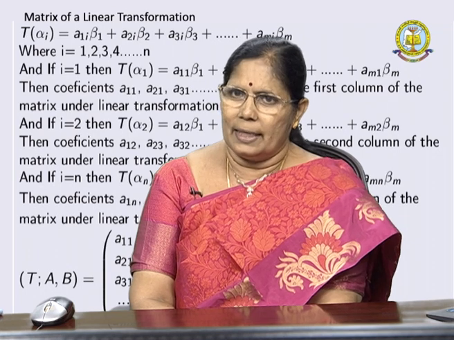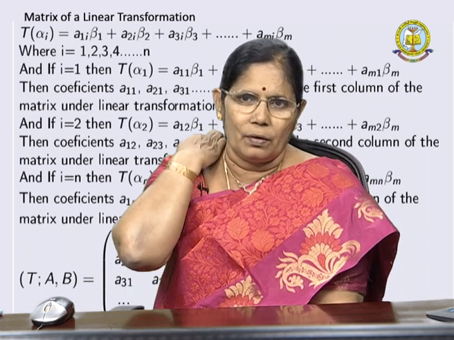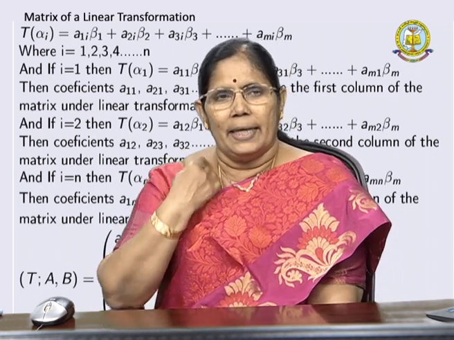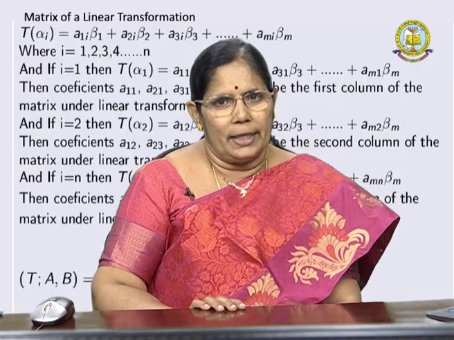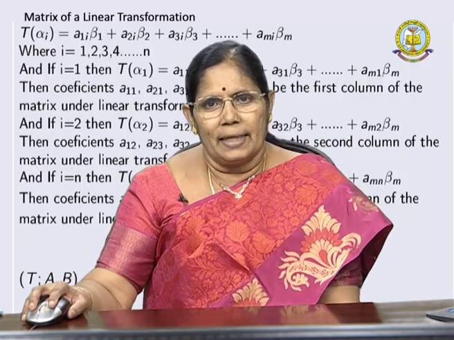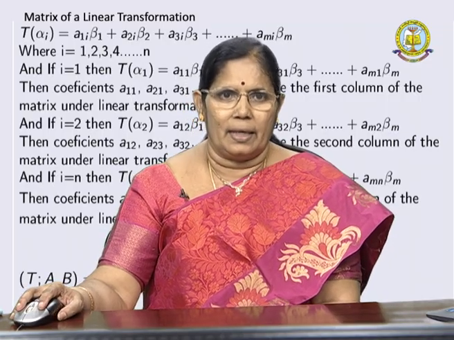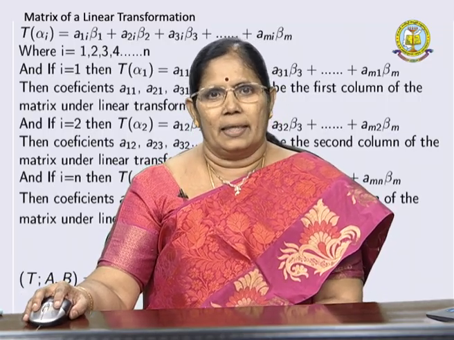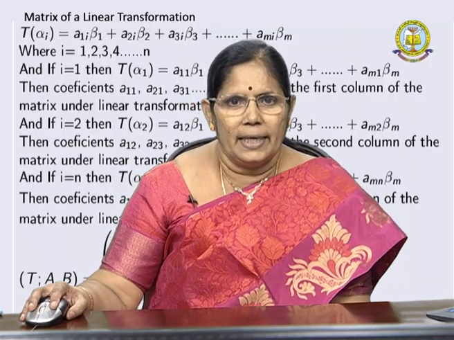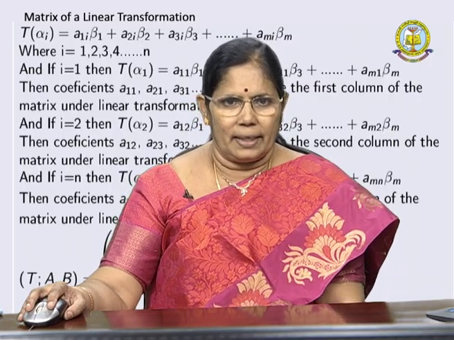It is a linear transformation from V into itself. Then T1 is said to be similar to T2, written as T1 tilde T2, if there is an invertible operator T3 on V such that T1 is equal to T3 inverse T2 T3.